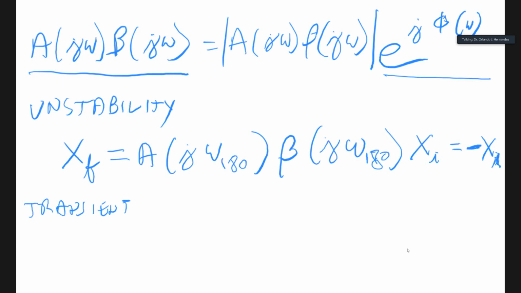But there is going to be a specific frequency at which this happens, and that's what we call omega 180. And we can write a transient response for that specific point or condition. Let's say we're talking about voltage.